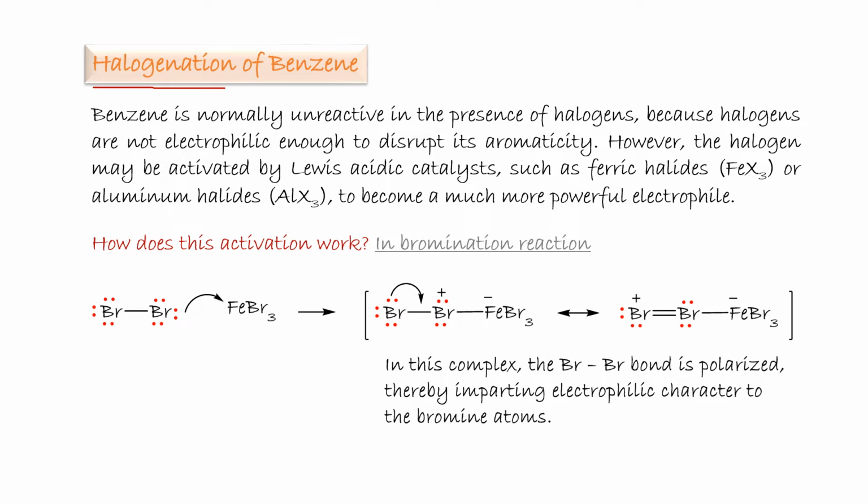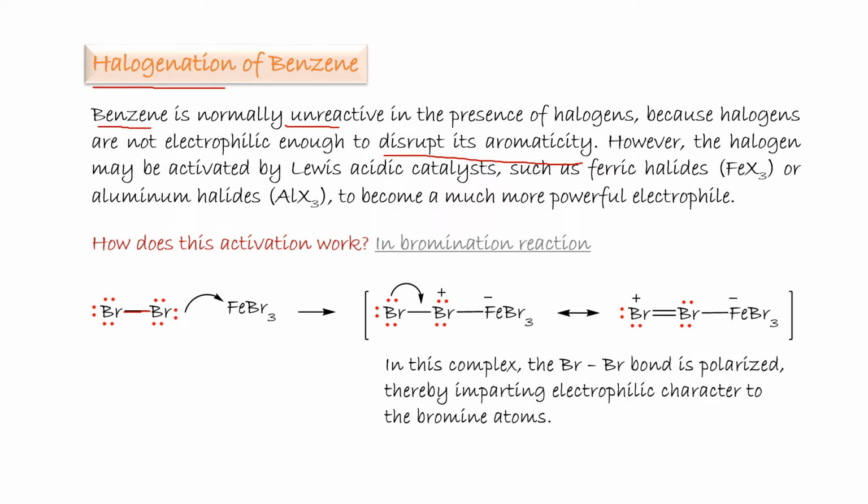Halogenation of benzene is the first example of electrophilic aromatic substitution. Benzene is normally unreactive in the presence of halogens, because halogens are not electrophilic enough to disrupt its aromaticity. Remember the halogen X–X, with 3 lone pairs on each atom.